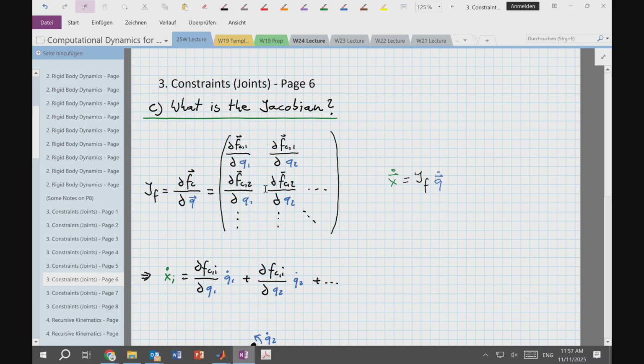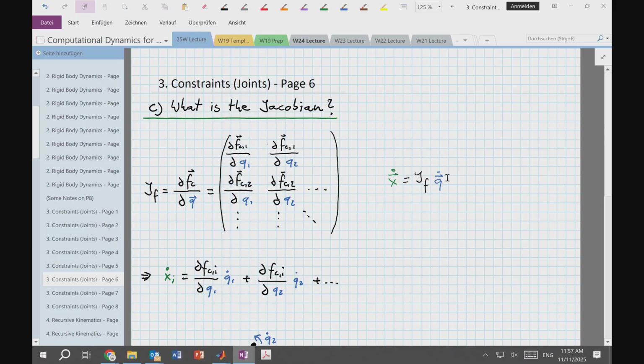I can now read this row by row, because the first row will give me the first component of my x velocity. The second row would give me the second component of my x velocity. And in general, xi dot depends only on fci. Then I take the partial derivative against q1, q2, and so on, and multiply with this vector q dot.